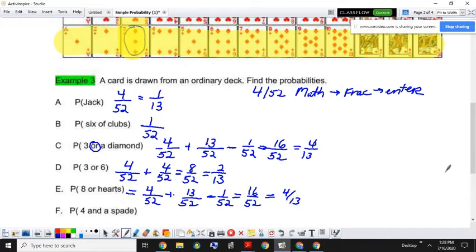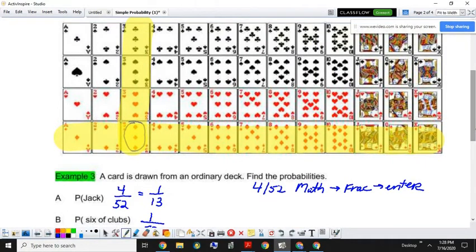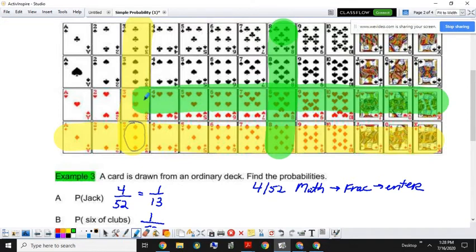So if we go up here again, I'll do a highlight for you. We'll highlight in green this time. My 8s are here, 4, and then my hearts are here, 13, but I counted one twice. So for now, you can just do 1, 2, 3, 4, and then count the rest, which was 12, which is 16. You can just do it that way for right now.